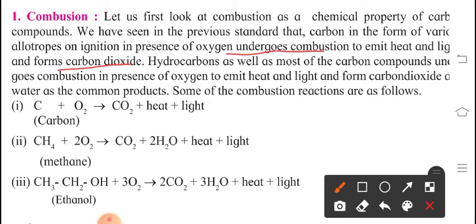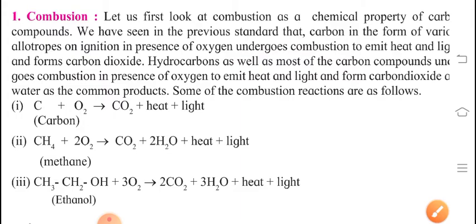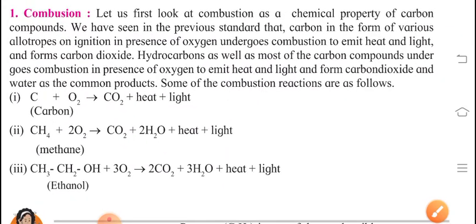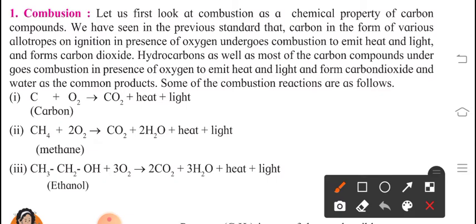Carbon in the form of various allotropes, on ignition in presence of oxygen, undergoes combustion to emit heat and light and forms carbon dioxide. When it emits heat and light, it forms carbon dioxide. How it forms, I'll show you in the video.